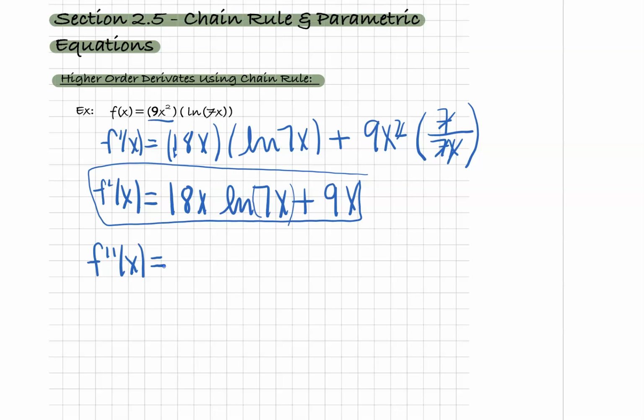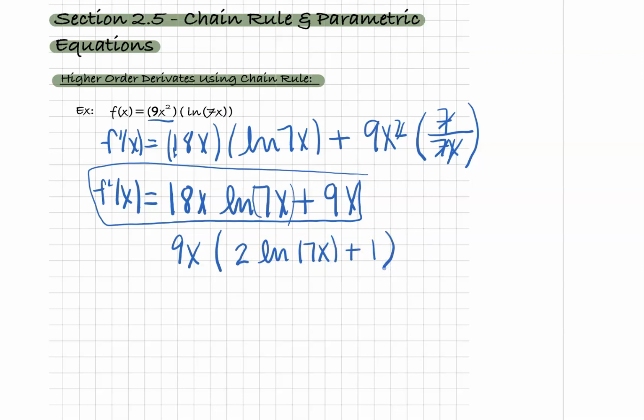Now for the second derivative, I am going to clean it up a little bit more. Do you notice that we actually have a common factor between those two terms? These both have a 9x in common, so I'm going to factor that out. That would give me 9x times 2 ln of 7x plus 1.